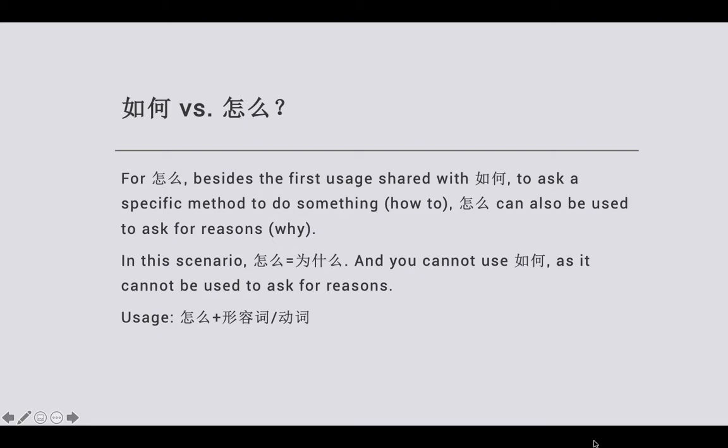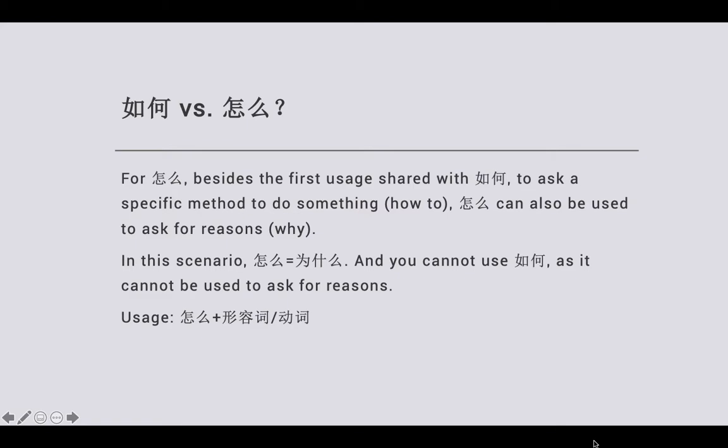And well, after talking about the two usages of 如何, we are going to talk a bit about 怎么. So besides the first usage shared with 如何 to ask a specific method to do something, 怎么 can also be used to ask for reasons. So in this scenario, it equals why. 怎么等于为什么.